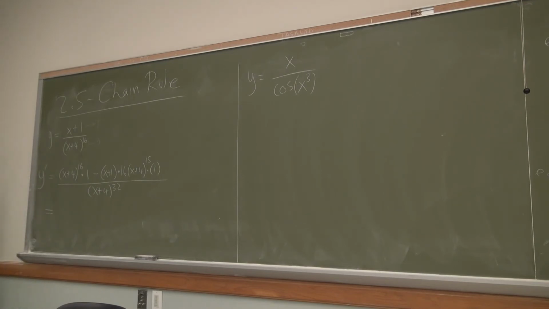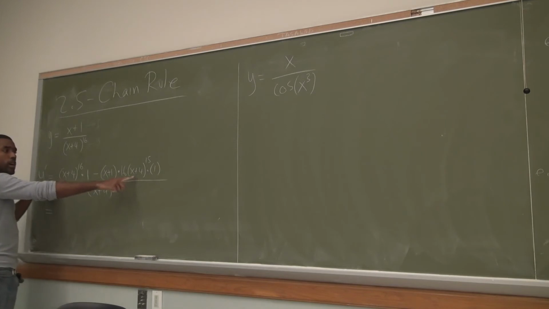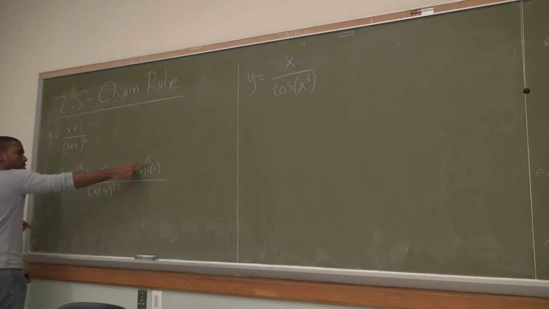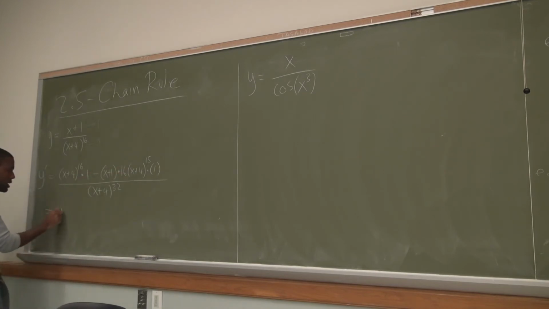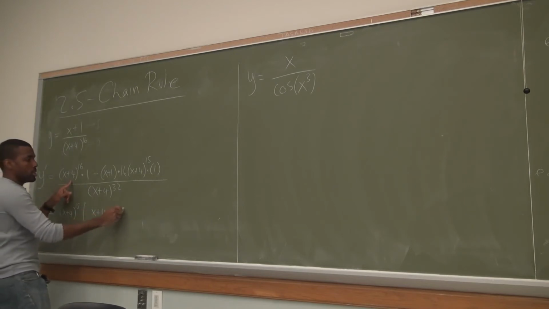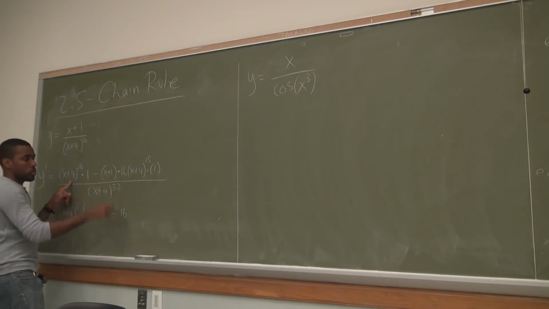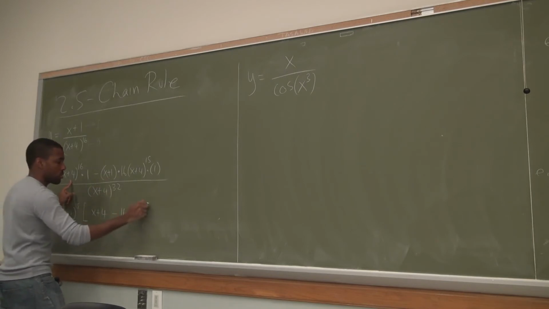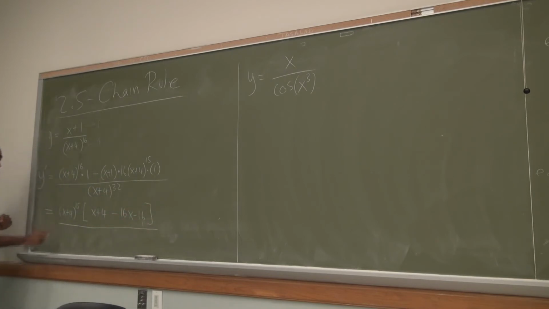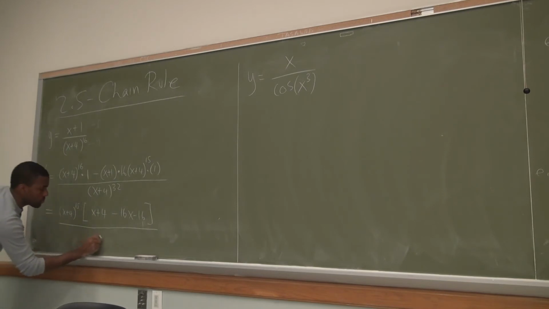Can we do anything here? You can factor out an (x plus 4) to the 15th power. Whenever you see a common factor, you factor out the lowest power, which in this case is 15. So I will take out (x plus 4) to the 15, and I'd be left with x plus 4 in the first term minus 16 times (x plus 1).